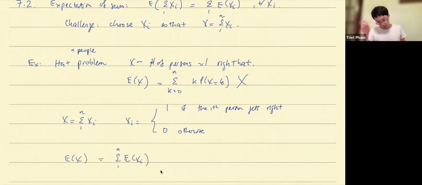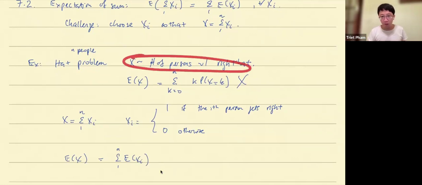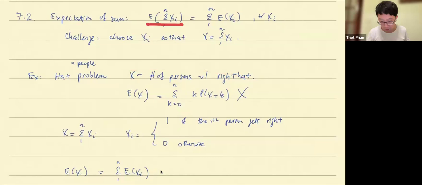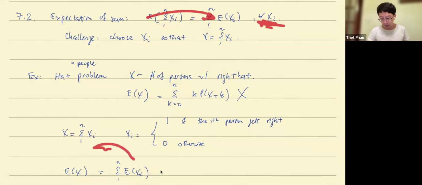And you see the beauty of this is that, instead of analyzing the interaction of n people, the property of expectation passing inside the sum, regardless of the interaction, allows you to shift your attention to the components and ignore the interaction.